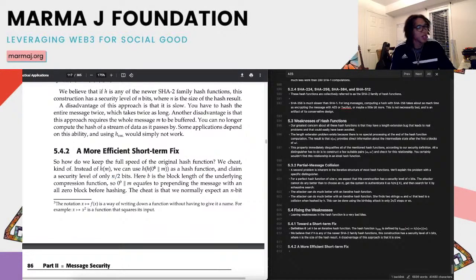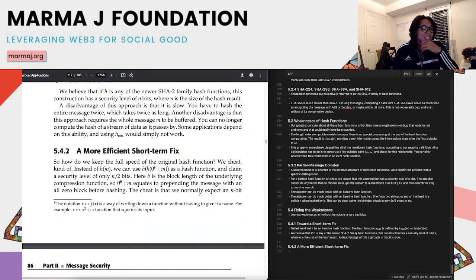Okay, so here B is the block length of the underlying compression function. So 0 to the B concatenated with a message equates to prepending the message with an all-zero string. Oh, it is all zeros still, but it's not just two bytes or whatever. It's the size of the compression block before hashing.